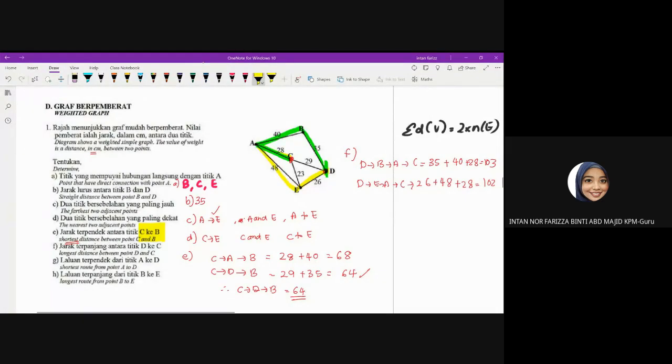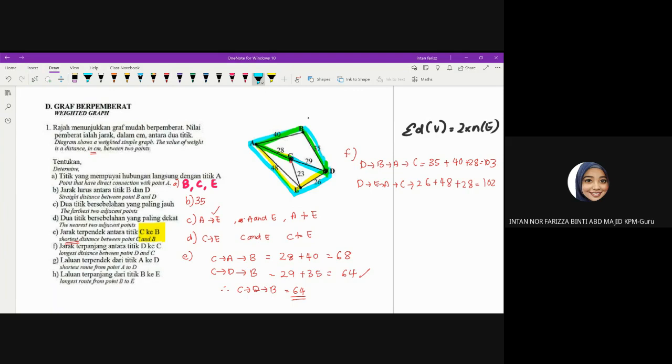Let's look at the third option. What is the third option that we have? Now let's look at D. D to B to A to E to D to C. This is wrong. Why wrong?